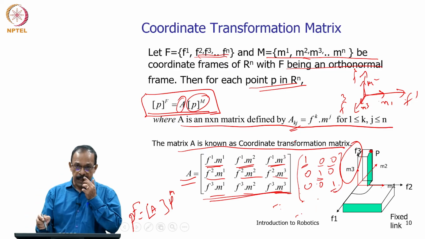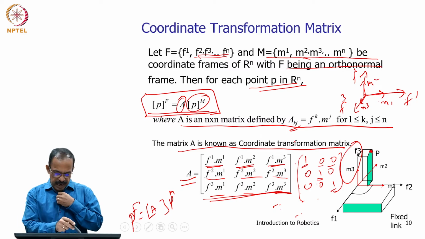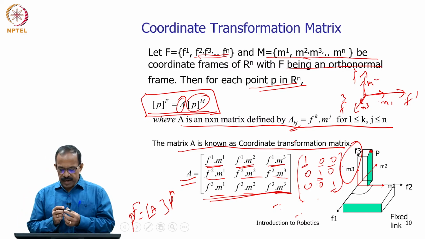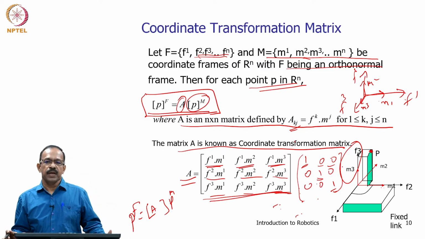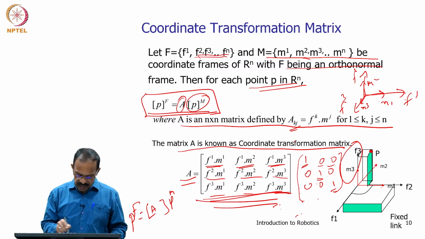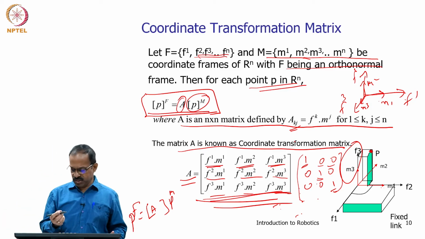If they are aligned, then the matrix will be an identity matrix and that says that Pf and Pm are the same. So, the point P in fixed frame and mobile frame will have the same coordinates. If they are not aligned, then there will be a different coordinate in the fixed frame and that is obtained by using this relationship. That is what the coordinate transformation matrix is.